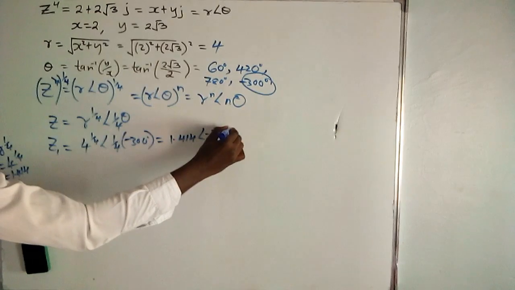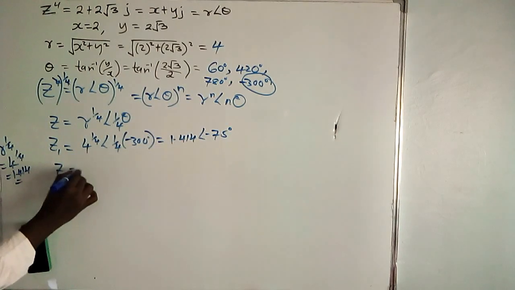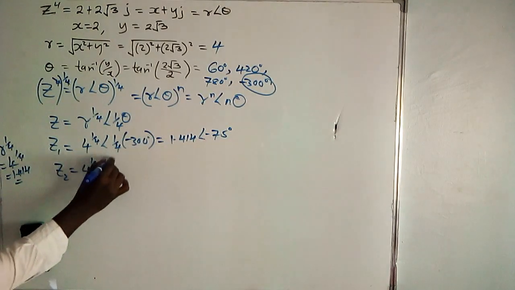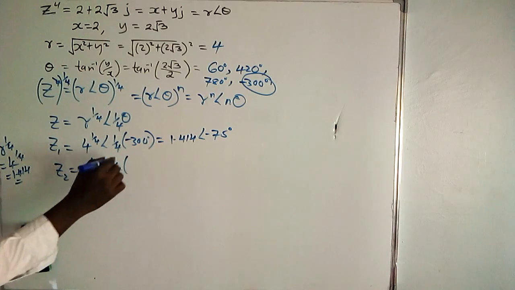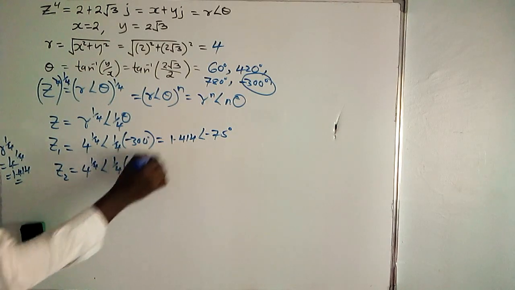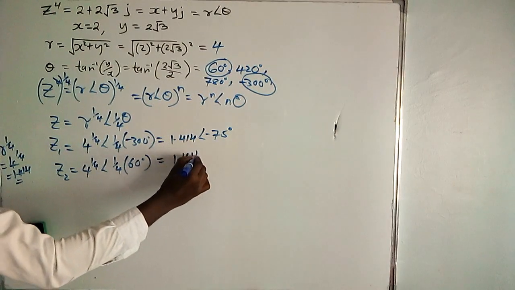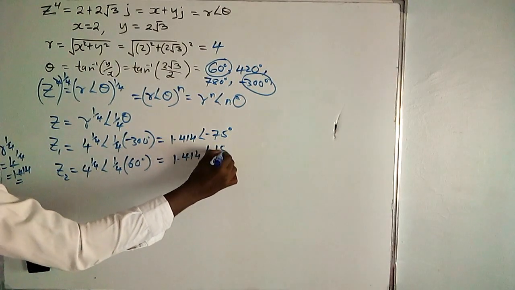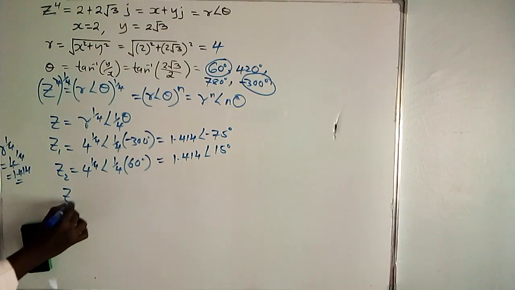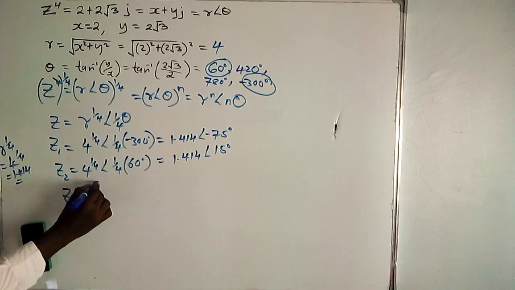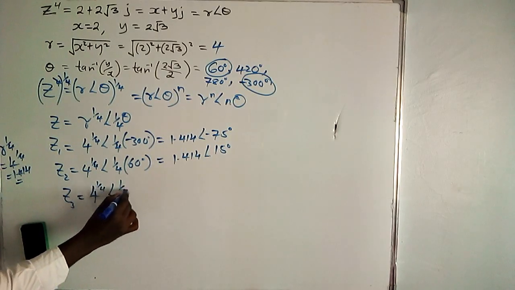You move to the second solution. Z2: r raised to power quarter we found is 1.414, angle a quarter theta. So that's the next value of theta, 60 degrees. A quarter of 60 degrees is 15 degrees. Let's go to the next solution, z3. R raised to power quarter is 1.414. Then take the next value of theta, 420 degrees.